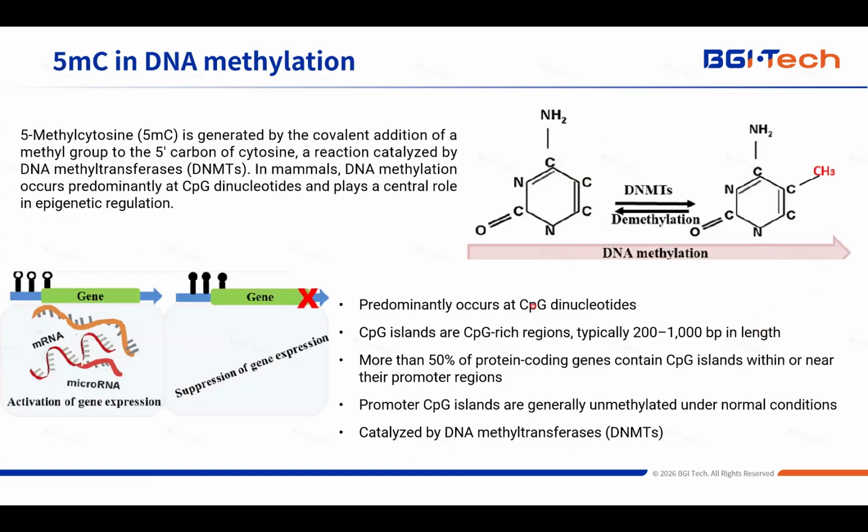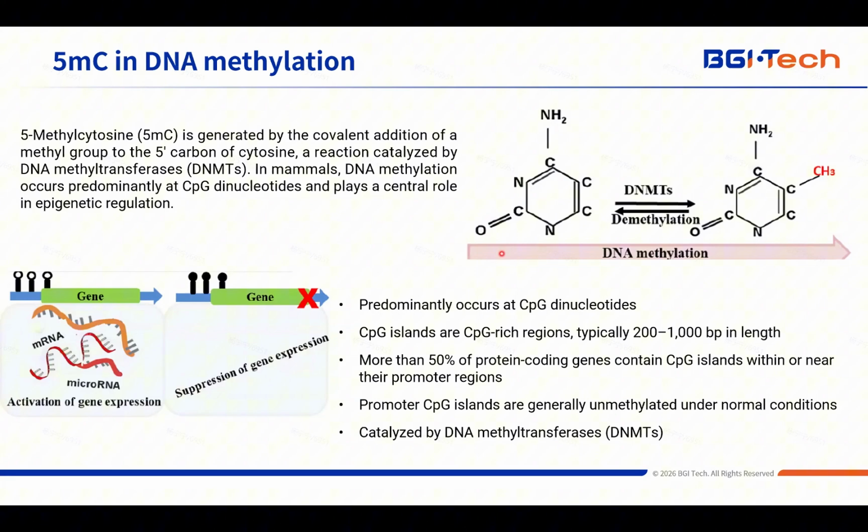Among the many types of epigenetic modifications, DNA methylation is one of the most studied, which means adding a methyl group to the 5th carbon of cytosine in the DNA sequence. Studies have shown that the mammalian genome contains CpG-rich regions called CpG islands, which are typically 500 to 1,000 base pairs long.